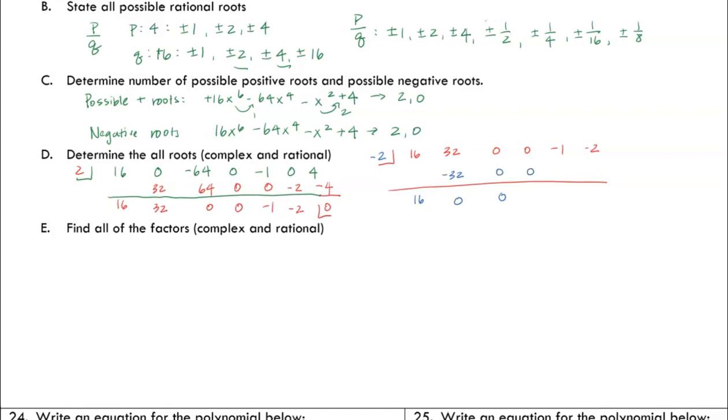Multiply. 0. Add. And then negative 2. Multiply. Negative 2. Oh, it worked. This was x to the 5th, and now this is x to the 4th.